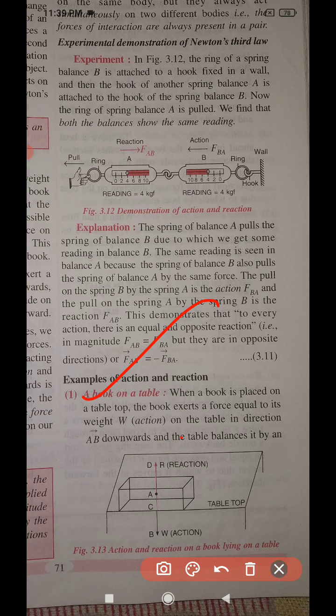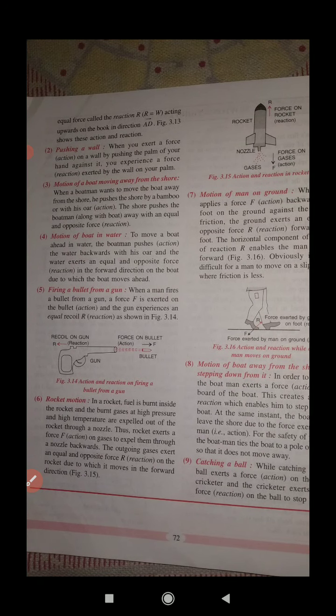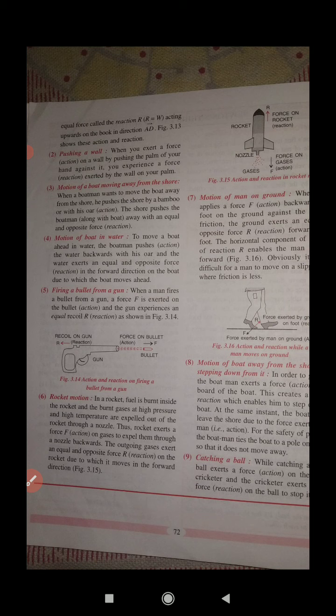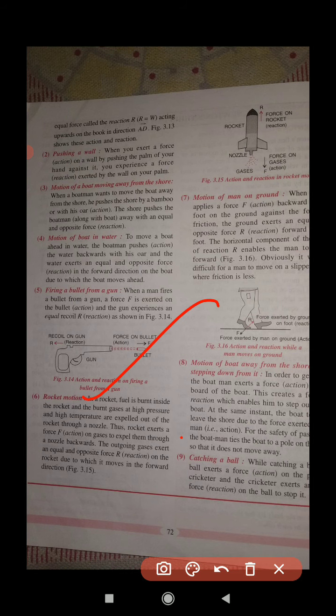A book on the table I already explained. Another example is present in your book: pushing a wall, or the motion of a boat moving away from the shore. When the boatman wants to move the boat away from the shore, he pushes the shore with a bamboo or his oar. That is the action. The reaction is that the shore pushes the boatman along with the boat away with an equal and opposite force.